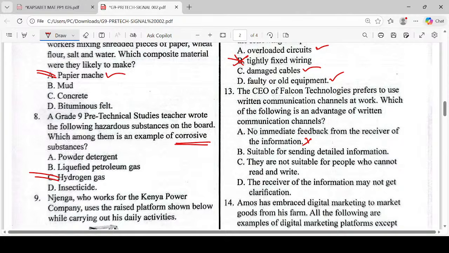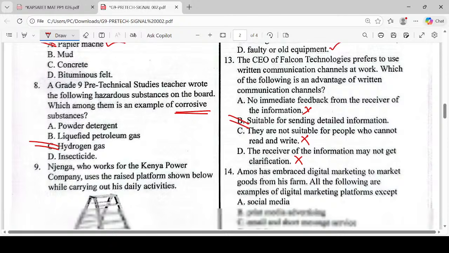C, they are not suitable for people who cannot read and write. This one is a disadvantage, but we want an advantage. D, the receiver of the information may not get clarification. This one is also a disadvantage. So the main advantage here is that it is suitable for sending detailed information, which makes choice B for boy the correct answer.